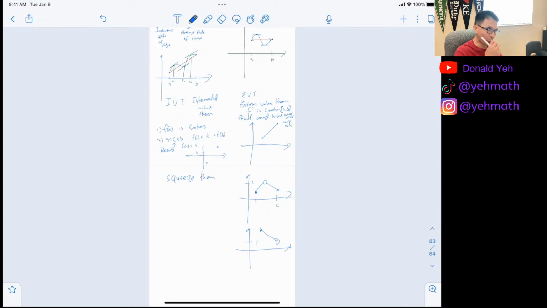Right, the squeeze theorem. One of the basic functions you can think of, one perfect example, I forgot, is x sine of x.